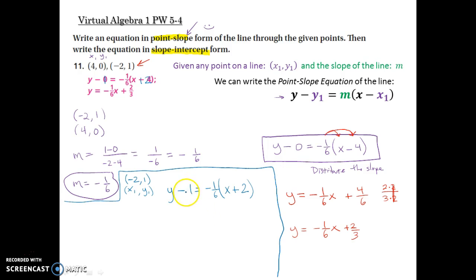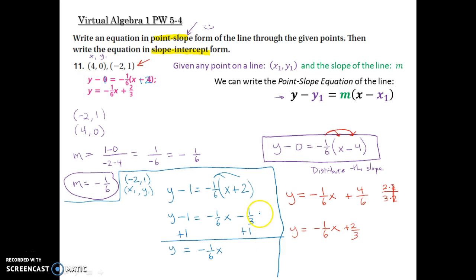And the reason it's correct is because when you distribute, y minus 1 equals negative 1/6 x, and then this is going to be minus 2/6, which is 1/3. Then to get y by itself, add 1 to both sides, and you get y equals negative 1/6 x, and then you have to do negative 1/3 plus 1.